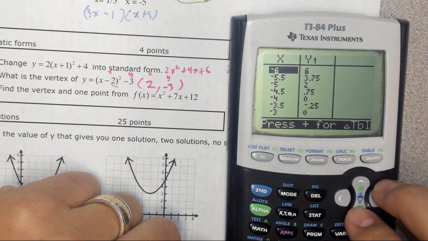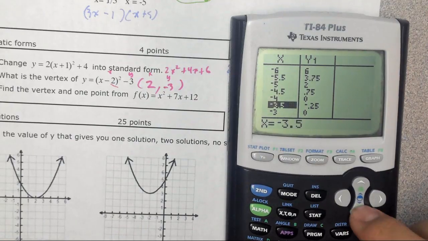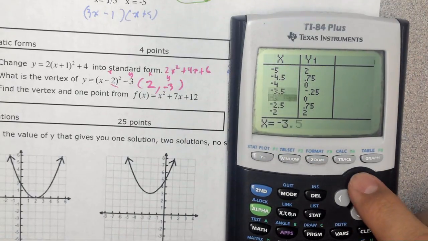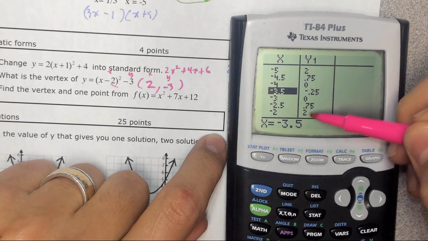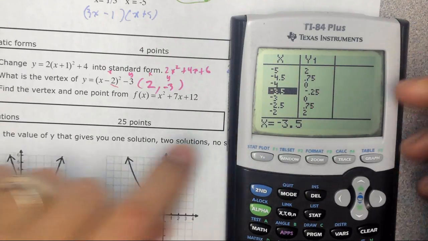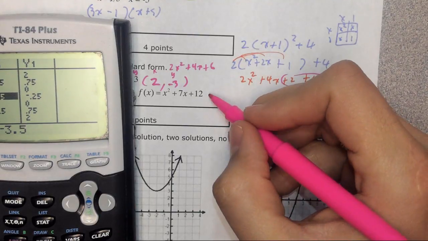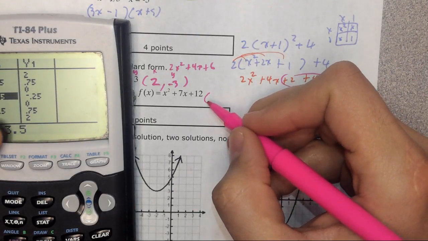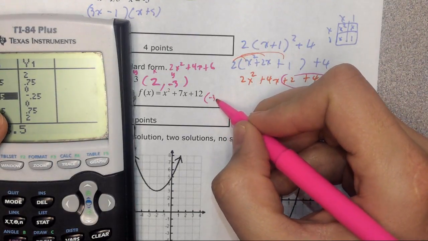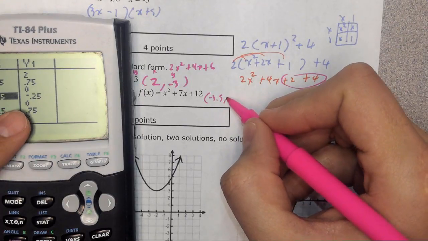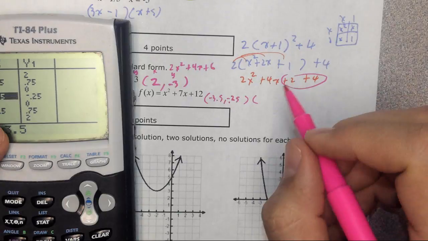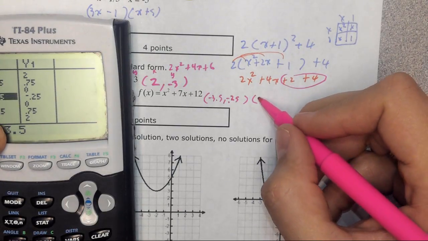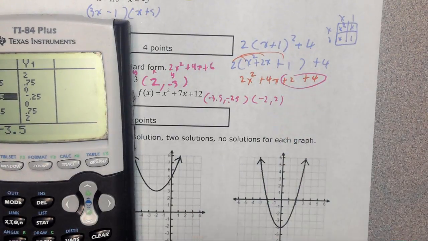And I would see it here like that as well. See how the numbers on both sides are repeating? And there's my vertex. I could write that down. For this one, it is negative 3.5 and negative 0.25. And it asks for one other point, and I'm just going to use this negative 2, 2.